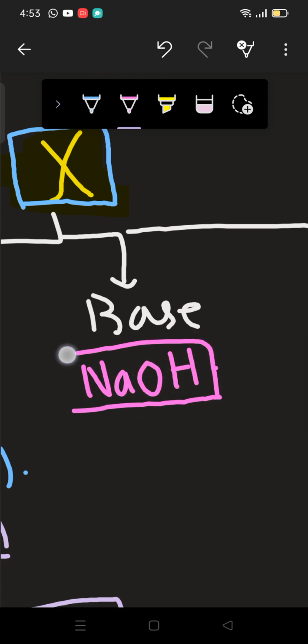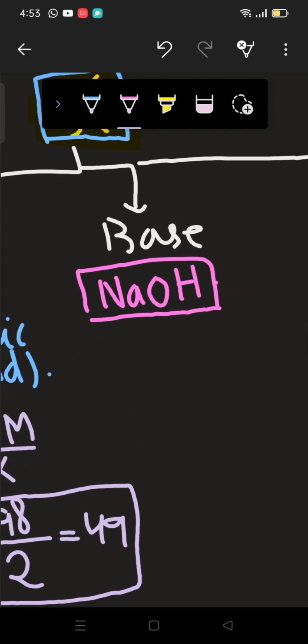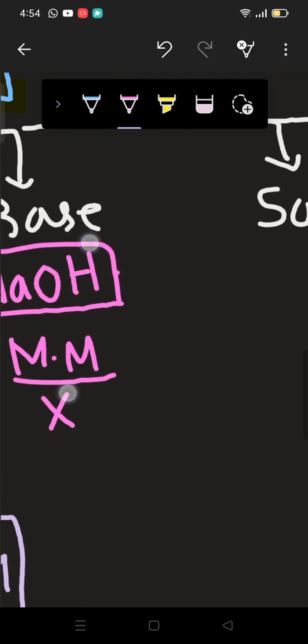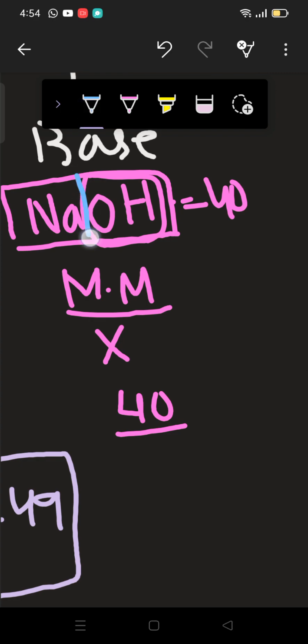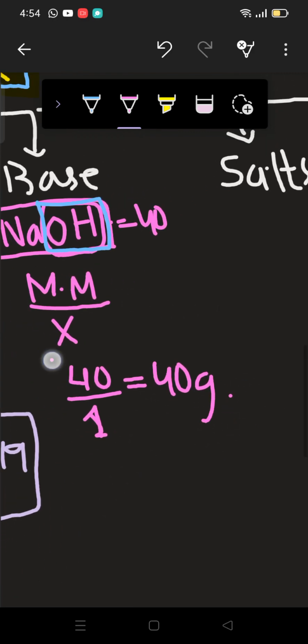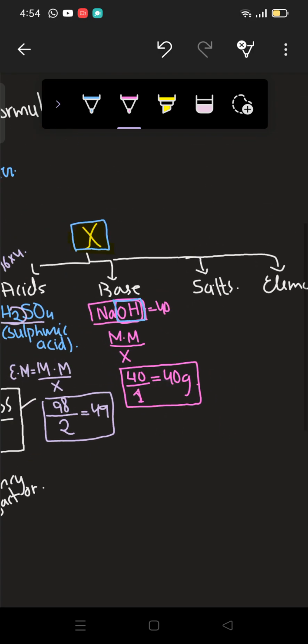Now see, we have the formula, molar mass per unit X factor. The X factor in the base represents the OH ions produced by the base. So the molar mass of NaOH is of course 40 gram, right? So 40 per unit OH ions, and here there is only one OH ion. So 40 divided by 1 is 40. So 40 gram is the equivalent mass of NaOH.